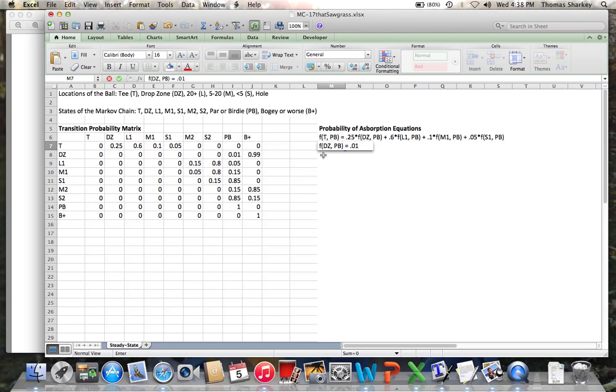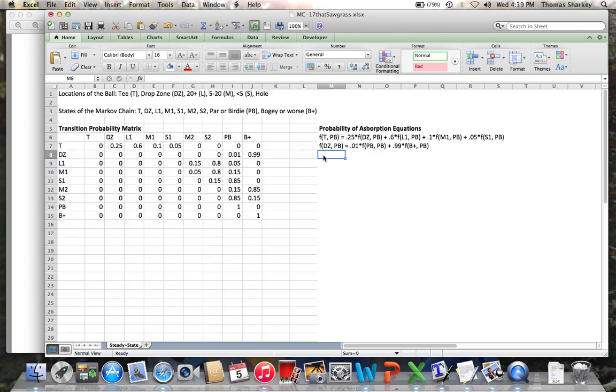We have a 1% chance of transitioning to state PB, so we multiply 1% by F of PB, comma, PB, and then we have a 99% chance of transitioning from DZ to B plus, so 99% times F of B plus, PB.